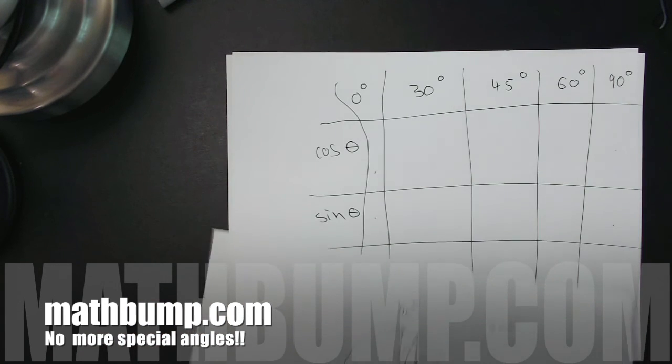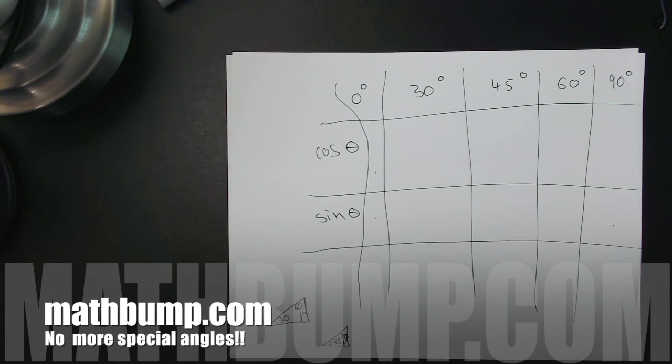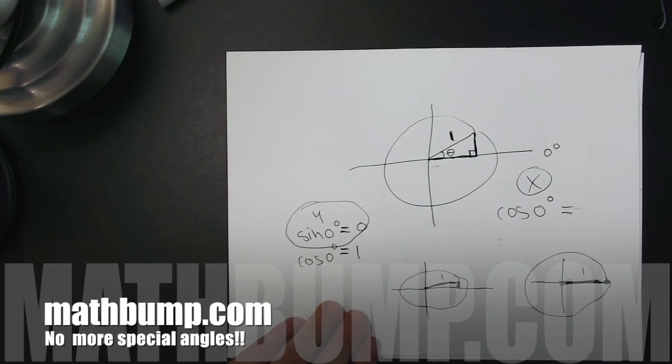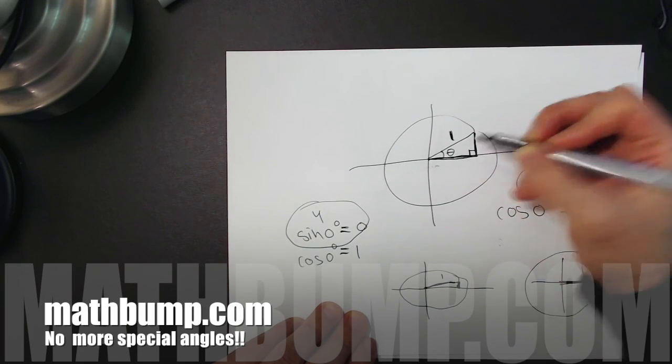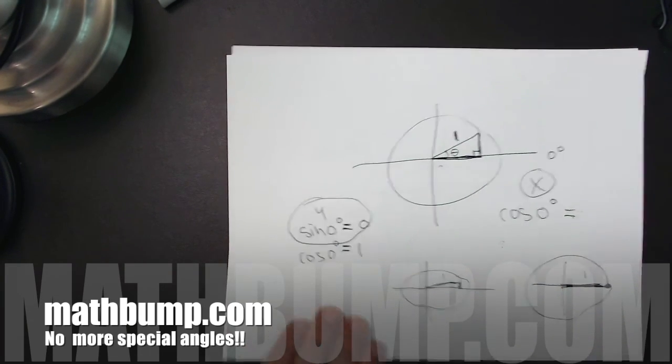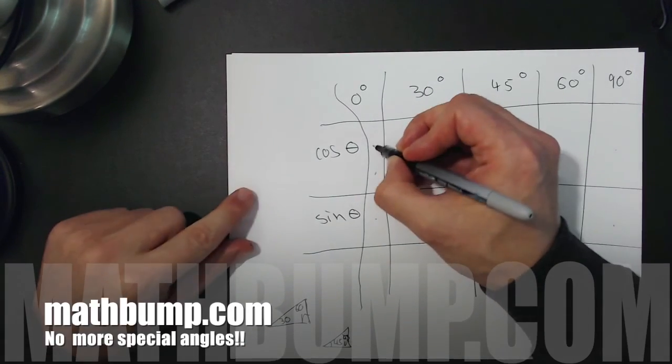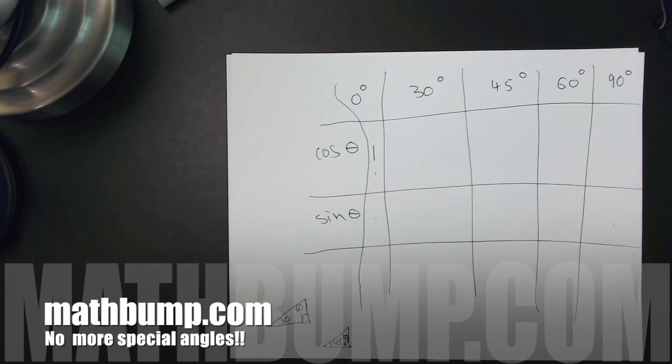What is the cosine of 0, for instance? The cosine of 0 is the x length. When this angle becomes flat, the cosine is 1. So cosine of 0 is 1. I don't memorize this. Every time I do this, I think about it just to make sure I'm doing it right.